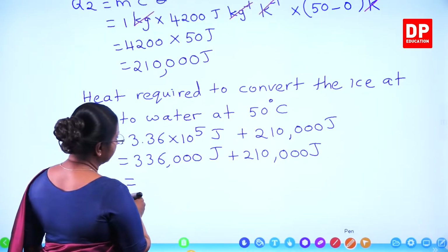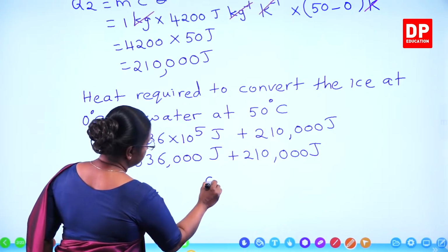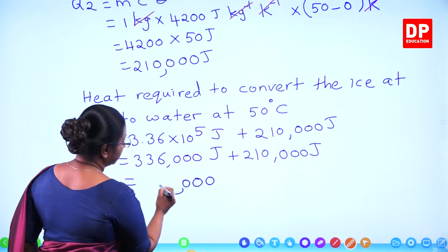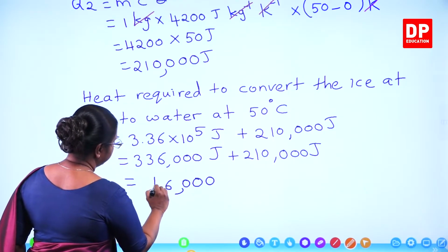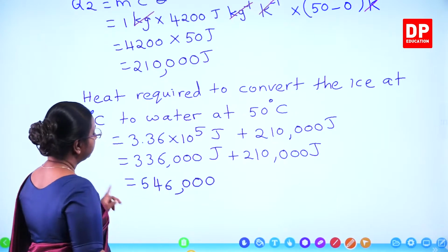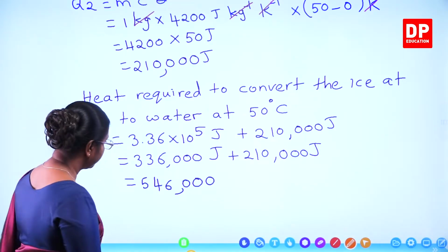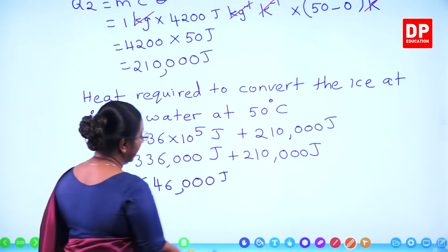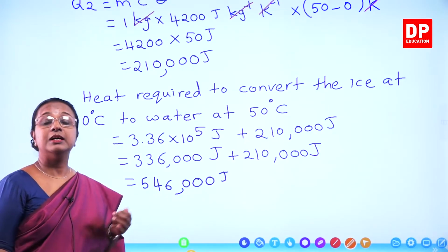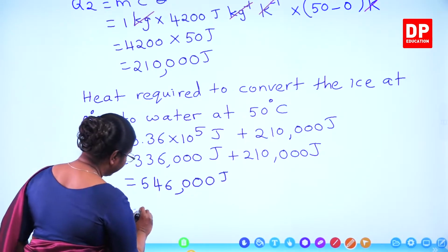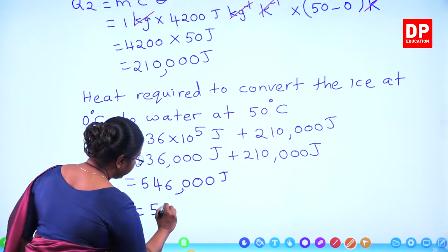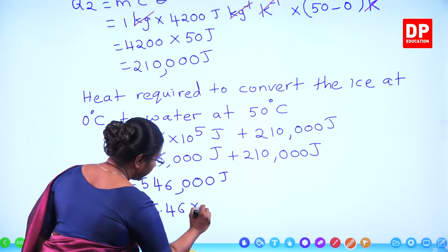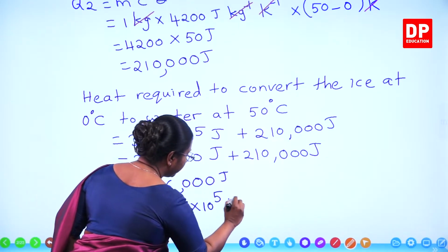So if we add them together, we get the value as 546,000 joules. So that is the total amount of heat. Or we can even rewrite this as 5.46 into 10 to the power of 5 joules.